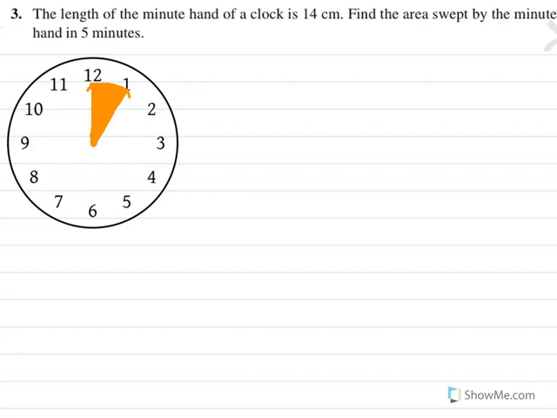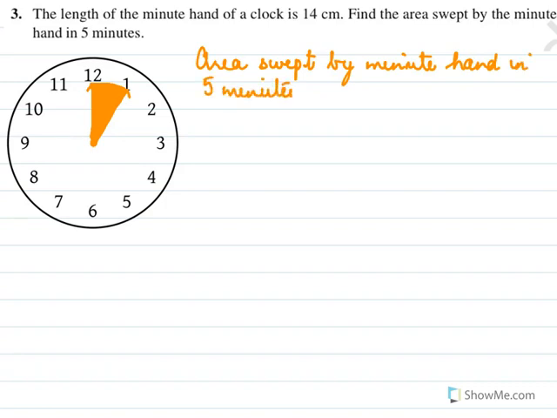So we write here, area swept by minute hand in 5 minutes is equal to area of sector. Now for area of sector, the formula is theta by 360 pi r square.